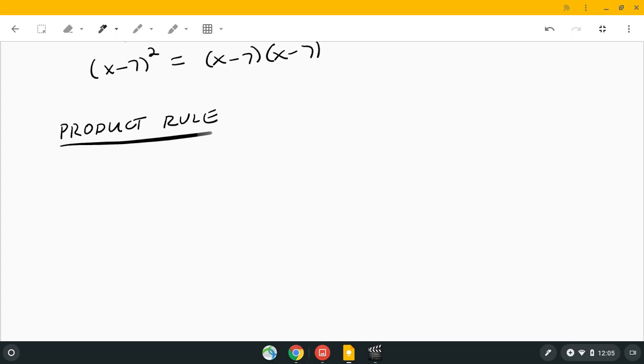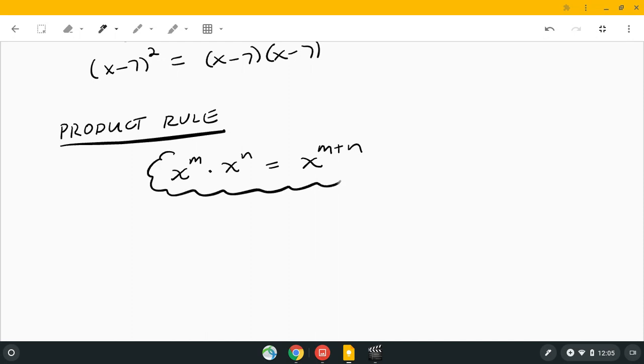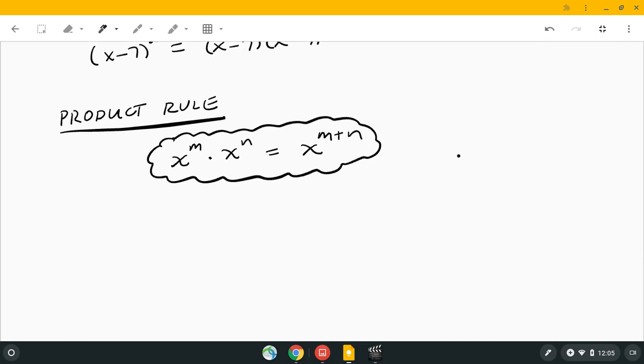Okay, and this here states that if you are multiplying like bases, okay, then when you simplify this, it's going to be the base, and you can add the exponents. Again, this is if they are like bases. If they are not like bases, then this rule does not apply.